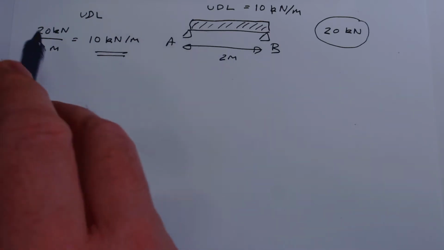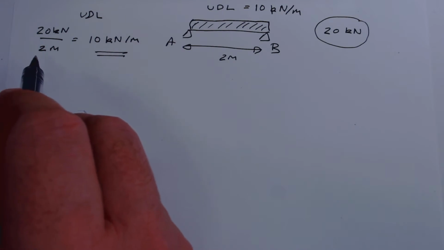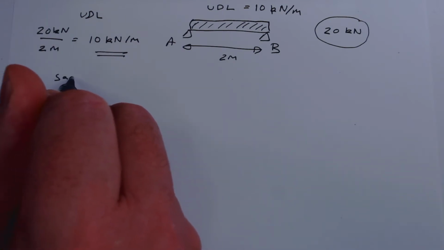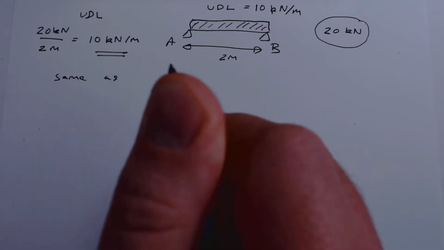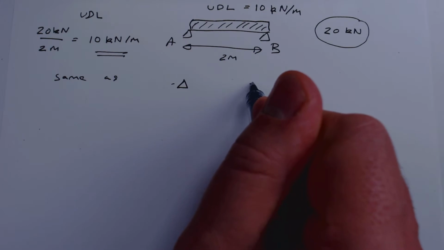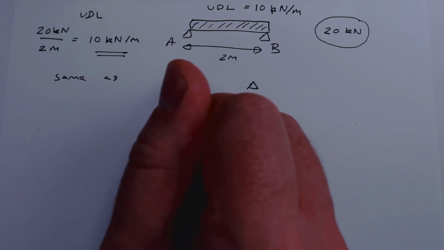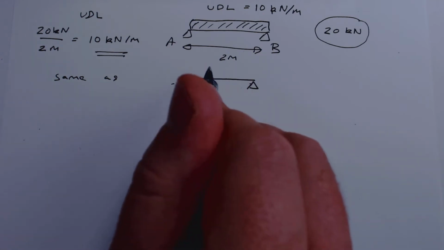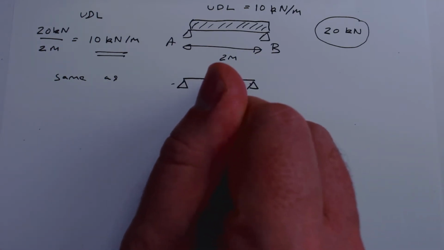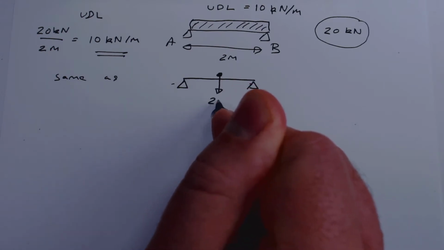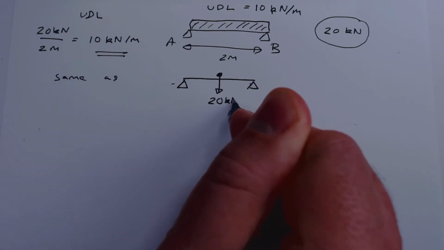So this problem, in terms of how the forces are going to behave, is the same as a problem where we've got a pivot here, a pivot here, we've got a massless beam, and we've got a concentrated load, and the concentrated load is 20 kilonewtons.